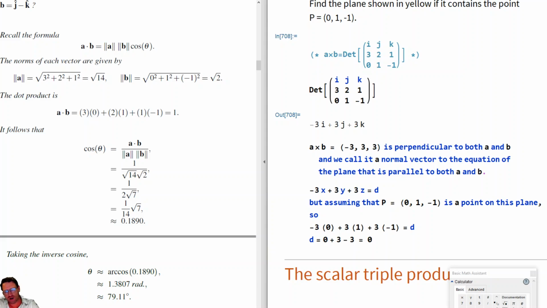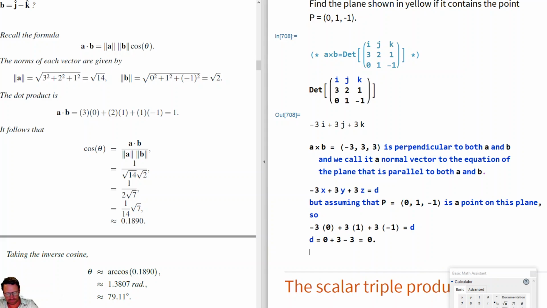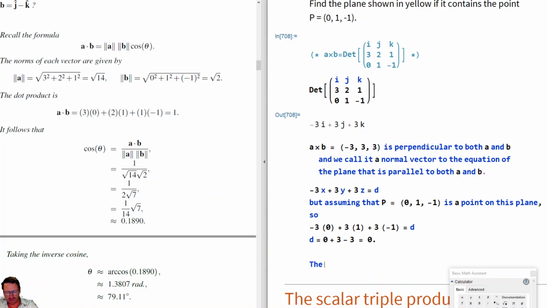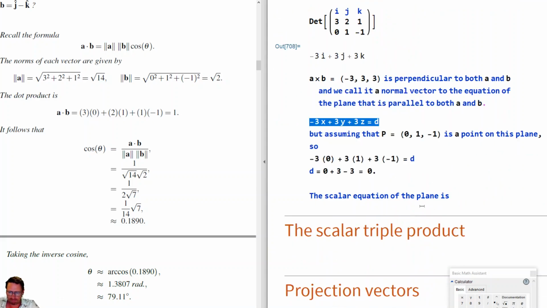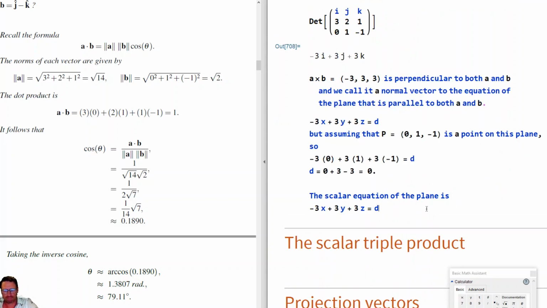So we have the equation of the plane, and this is a scalar equation. It's just minus 3x plus 3y plus 3z equals 0. And I could simplify that, right?